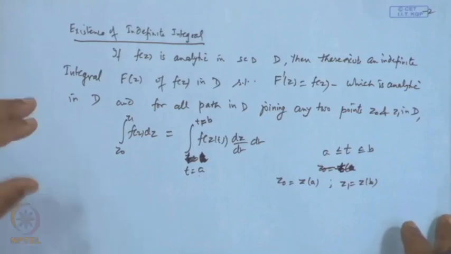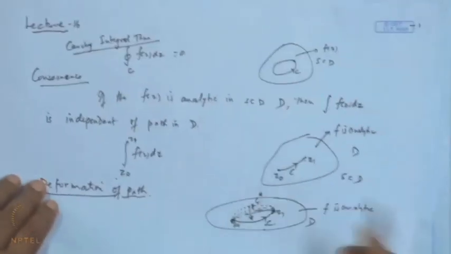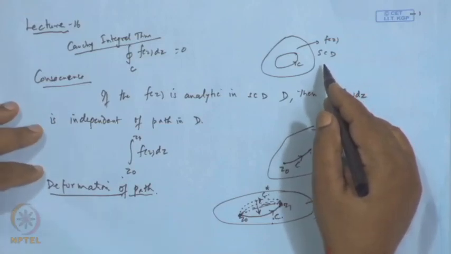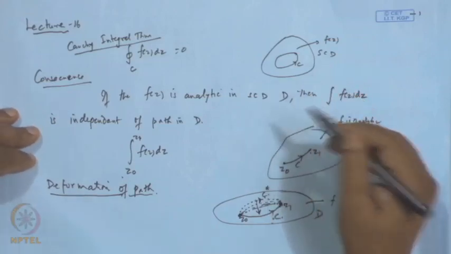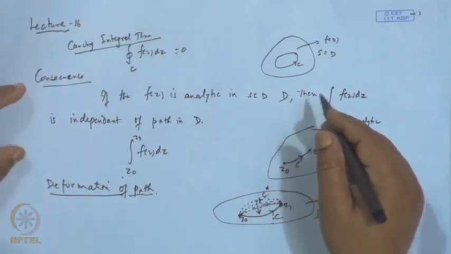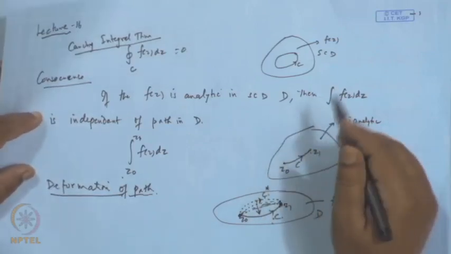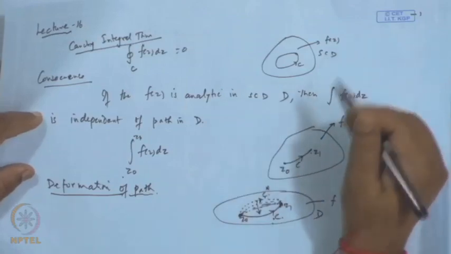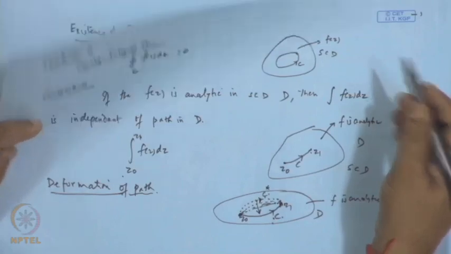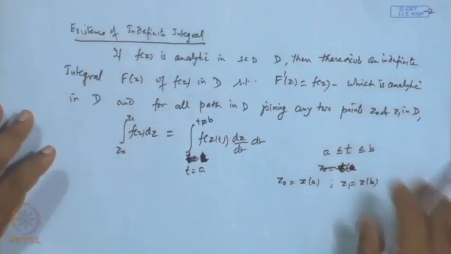Now, we have seen the Cauchy integral theorem in the case of a simply connected domain, but if the domain is not simply connected, then we also have a Cauchy theorem for multiple connected domains. What we do here is convert the multiple connected domain into a simply connected domain first, and then apply the Cauchy theorem for simple connectedness.